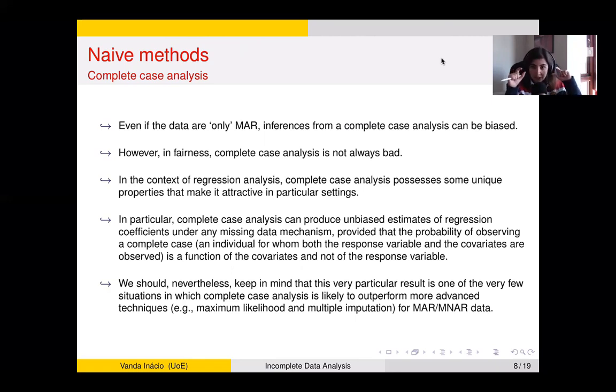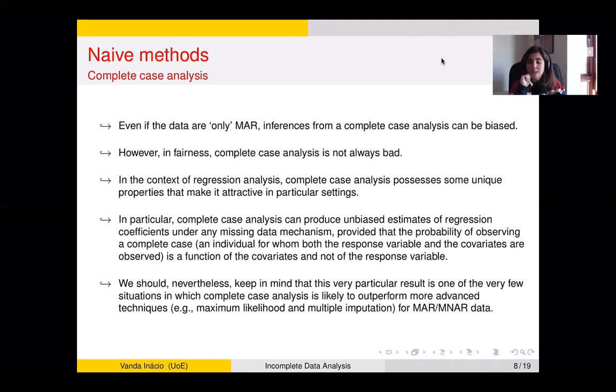So this is a general result that says that under these conditions, complete case analysis is a valid approach. It leads to unbiased estimates of the regression coefficients, and it's likely to outperform more specialized techniques like maximum likelihood and multiple imputation.